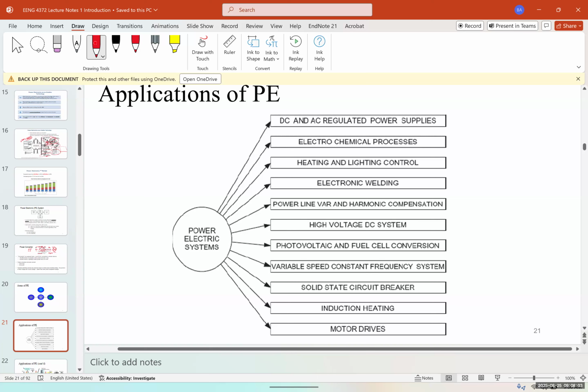Also power line VAR and harmonic compensation, so reactive power, we want to compensate that. High voltage DC systems, photovoltaic and fuel cell conversion, variable speed constant frequency systems, solid state circuit breakers, induction heating, and motor drives.